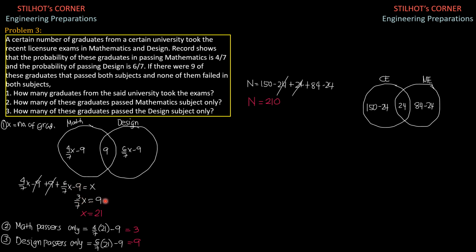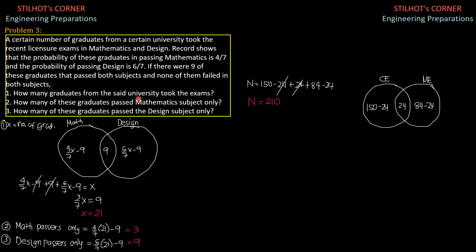X therefore is 9 times 7 divided by 3. So since 9 over 3 is 3 times 7, X is 21. So there were 21 graduates from the said university.